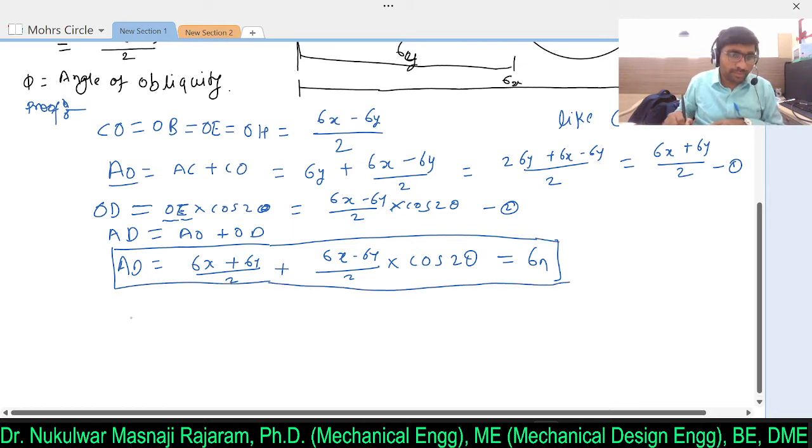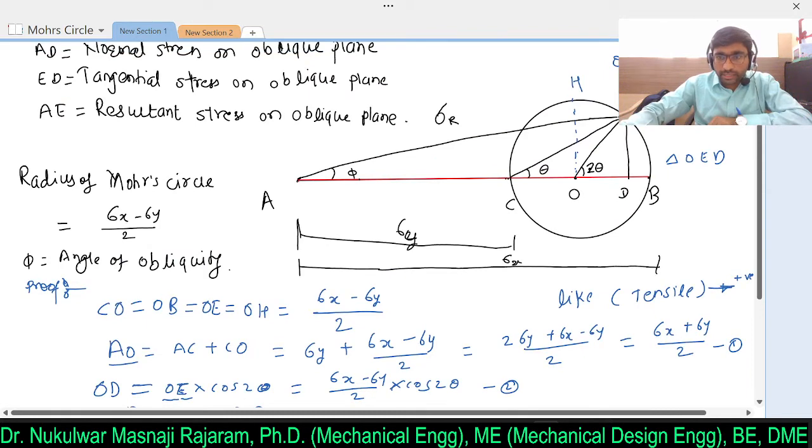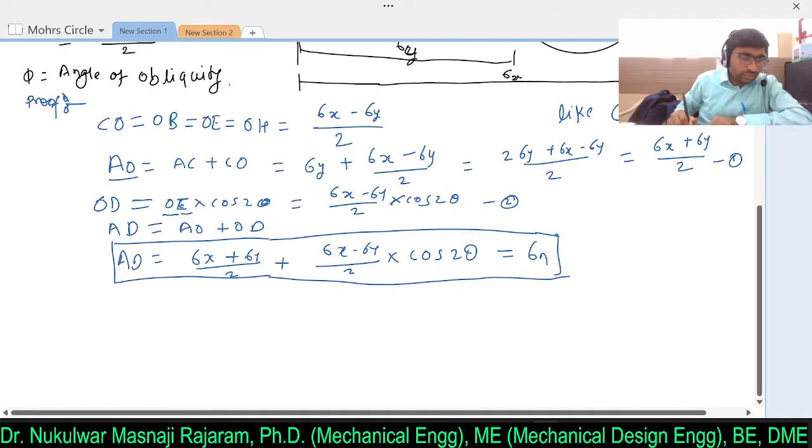Clear? Similarly, if we observe this ED, I am considering ED as the tangential stress. Clear? If I write for ED, then it is equal to OE into sine of 2 theta.